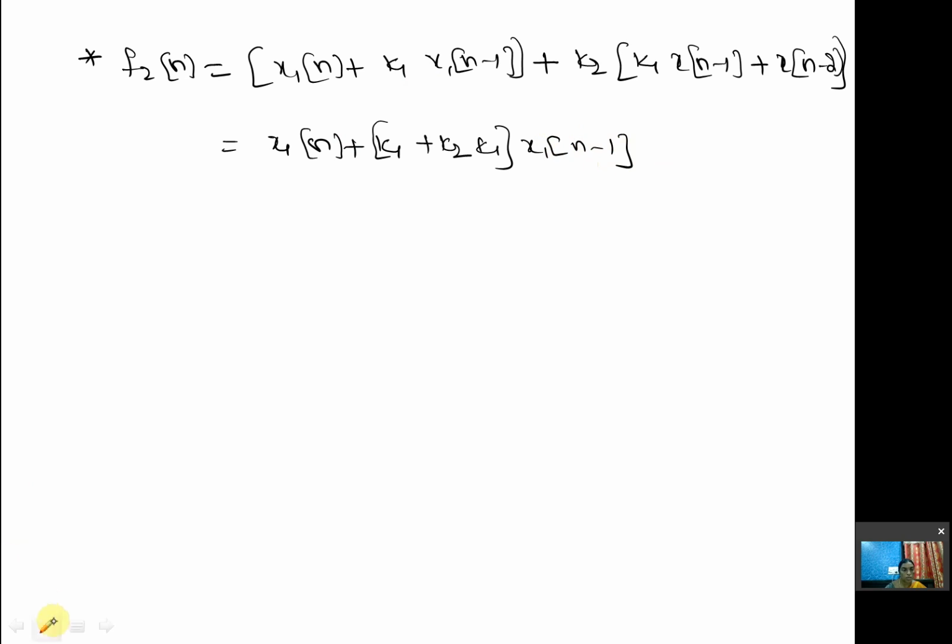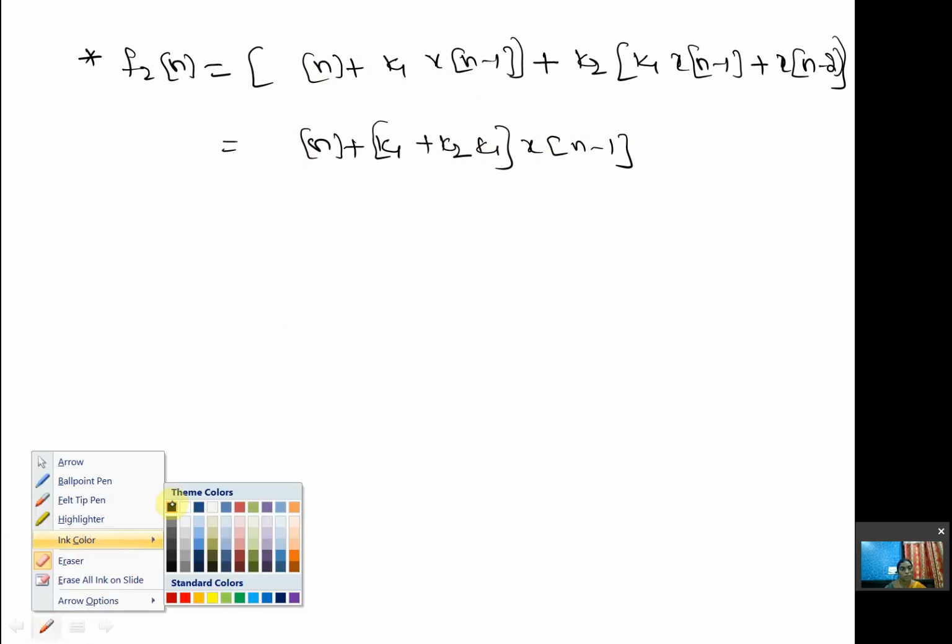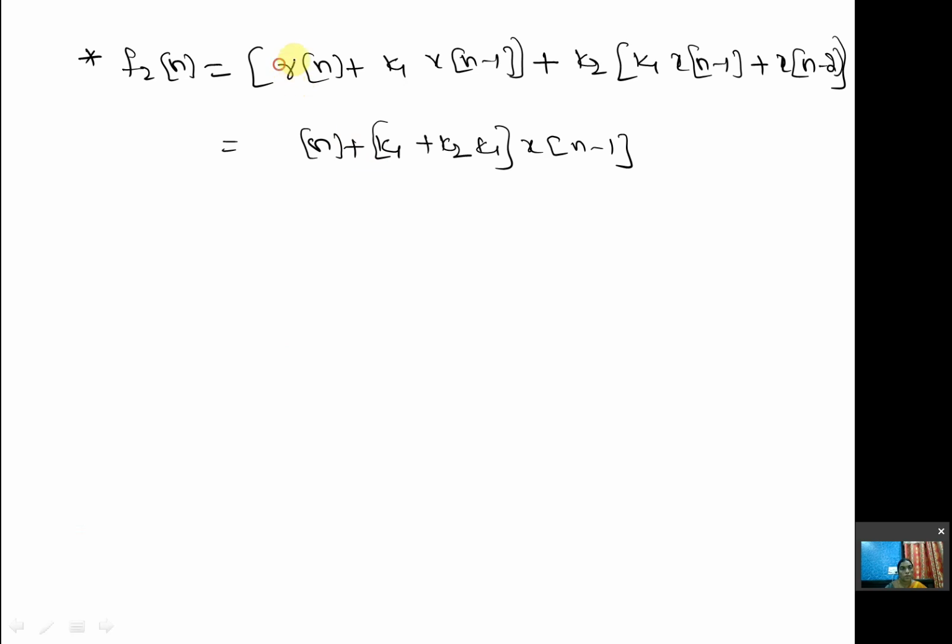So there is no x1 here, x. Right? Then plus here K2 x of n minus 2.